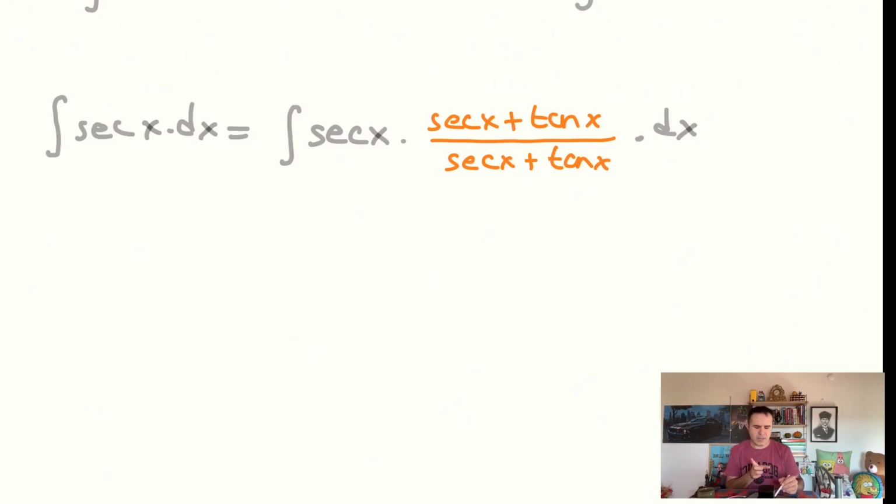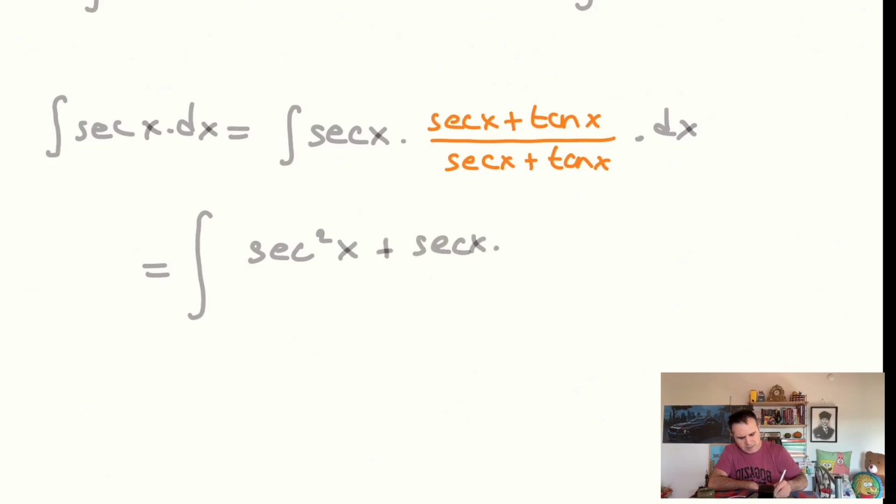And why are we doing this? You will see after we multiplied by secant x plus tangent x, the integral becomes secant square of x plus secant x times tangent x divided by secant x plus tangent x dx.